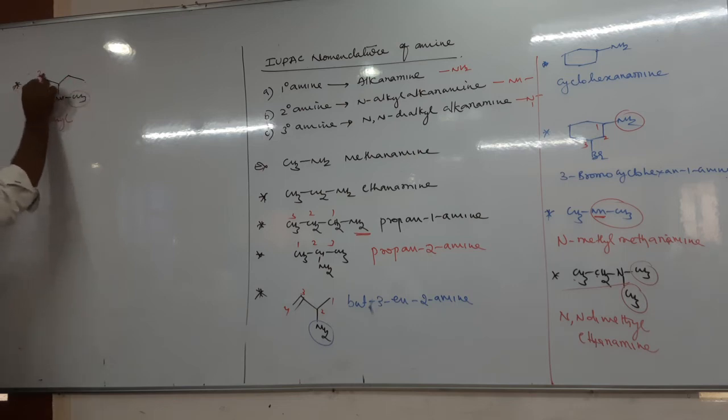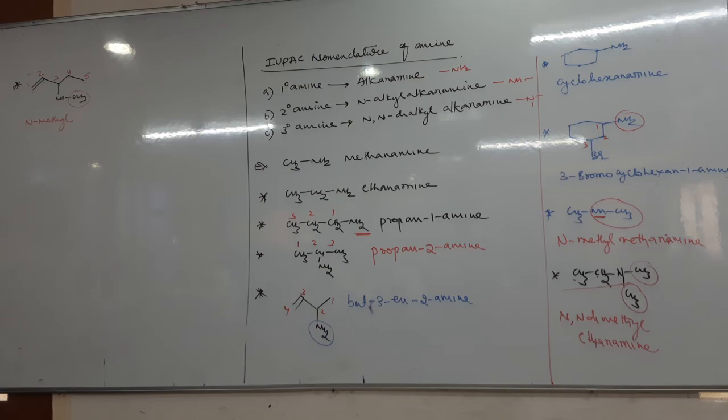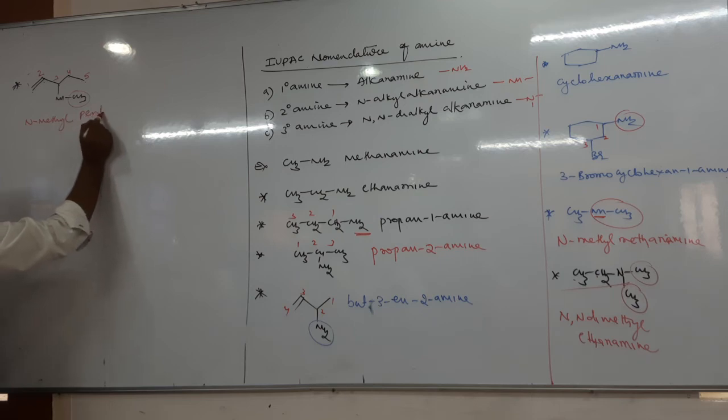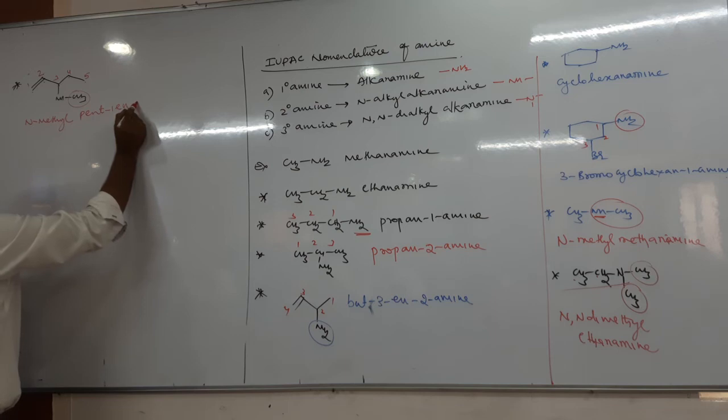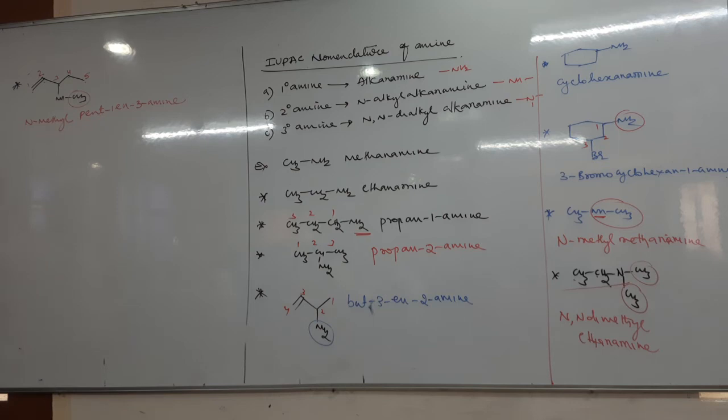So therefore, the amine group gets the same numbering on both sides. But here on this side the double bond is there. The double bond has to get more priority. So N-methyl pent, which one, 1-en, which amine? 3-amine. Yes or no? N-methylpent-1-en-3-amine. Right? Next.